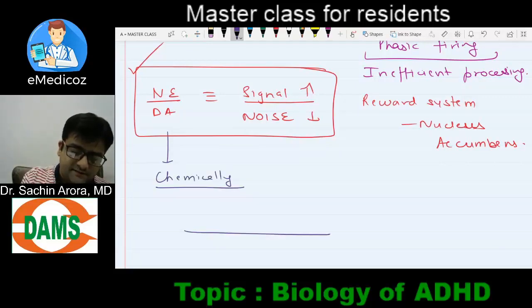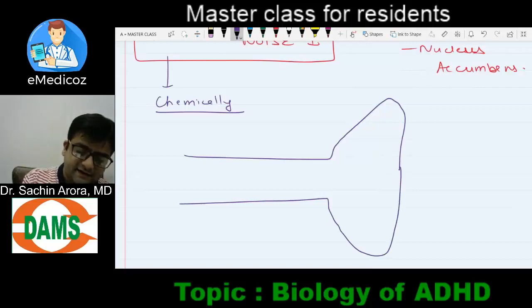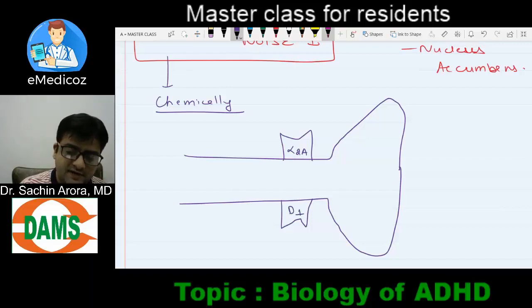Even it has been linked chemically. In the dendritic spine, there are receptors. This is alpha 2A, this is dopamine.